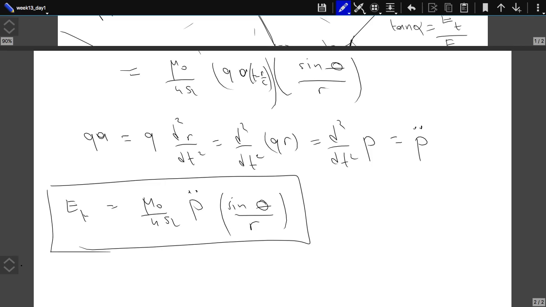I will say that this is a radiation field. This is the radiation by accelerated charges. What tells me that this is a radiation field? No, neither the sine theta. You see, it is this 1 over r.